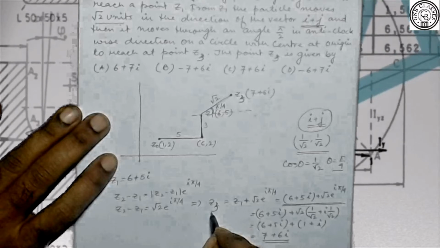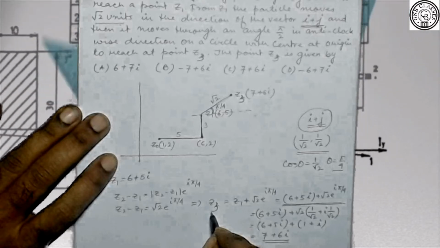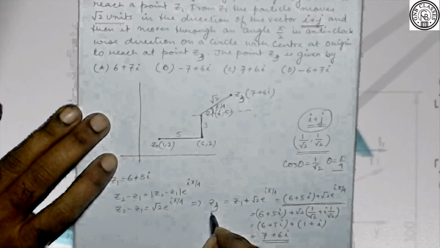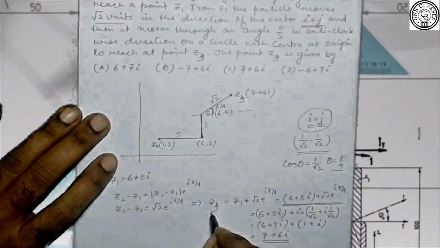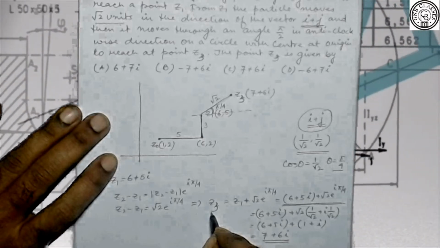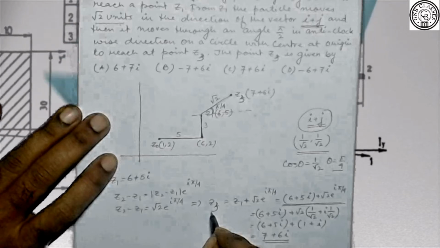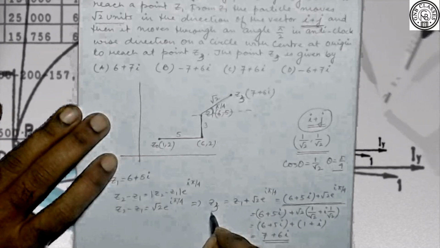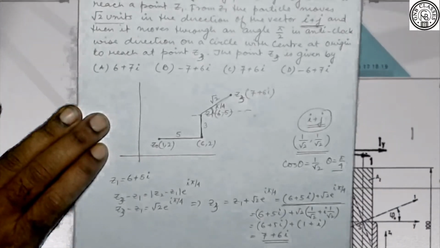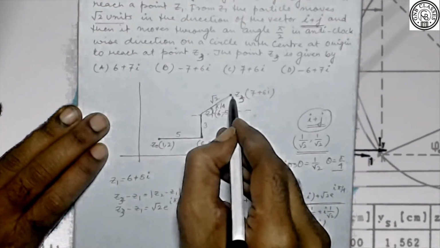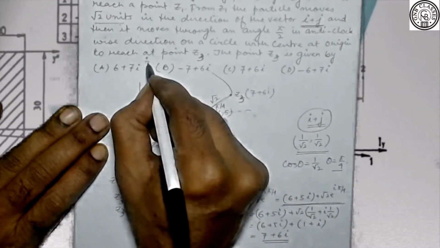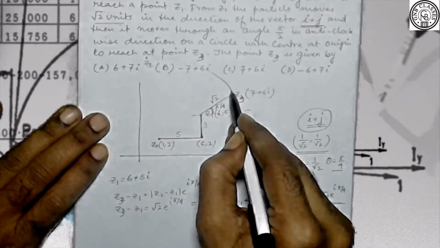Now we have to find out the new position of Z3, which is Z2, which is actually given in the question. Z3 is the position whose position vector is 7 plus 6 iota. And Z2 is the new position of Z3 after revolving 90 degrees along the arc of a circle whose center is at the origin. Is it clear? Okay. Now, this point reaches a point Z2 like this. Say this point is Z2. Now, how did it move?